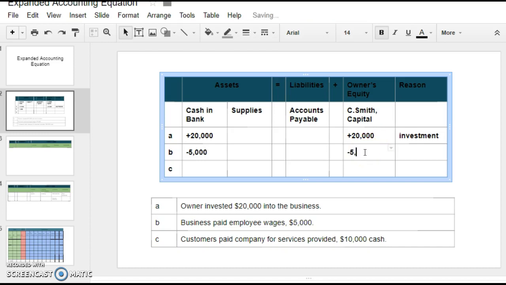So minus 5,000. What's the reason? Why did you affect the capital? That was an expense.